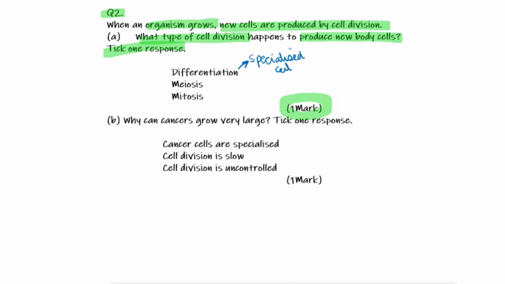So when a cell differentiates, it becomes a specialized cell. Meiosis we will still study. We looked at mitosis today. Our answer is mitosis. To help you remember mitosis from meiosis, if you remember the T, and because 1 cell divides into 2, remember the T for 2 to be in mitosis.